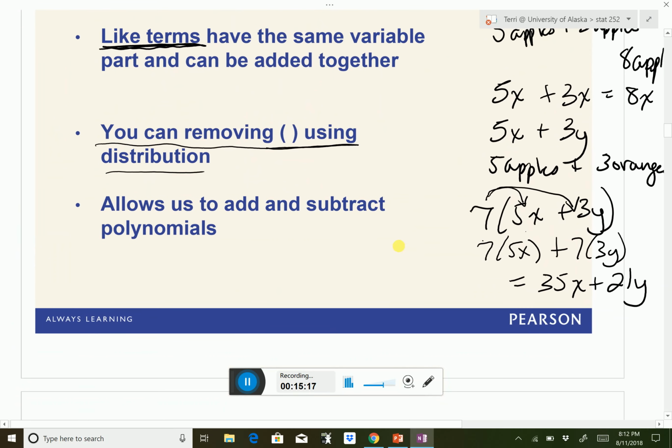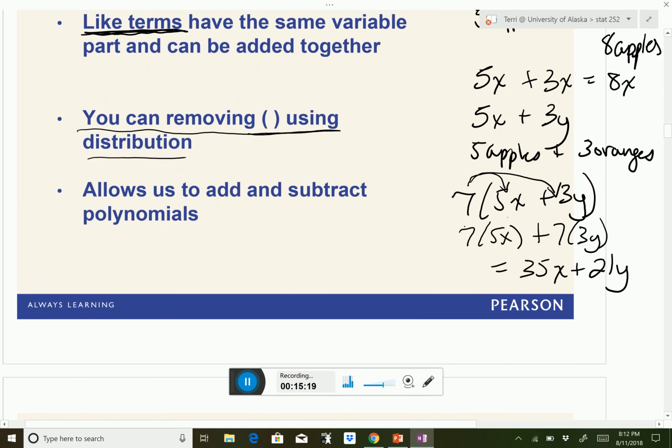One of the things I want to make sure of, this is one of the problems that I see a lot in this class. Let's say I have two polynomials: 2x squared minus 3x plus 1, minus the quantity 5x squared plus 8x minus 3.